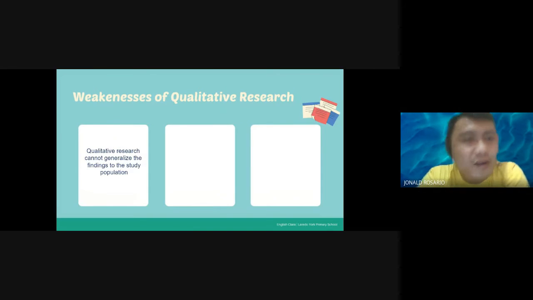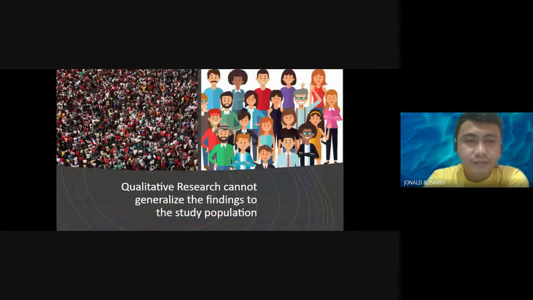Okay, so here we're now on the weaknesses of qualitative research. The first weakness, class, is that qualitative research cannot generalize the findings to the study population. Why? Bakit kaya hindi natin pwedeng ma-generalize yung buong population?